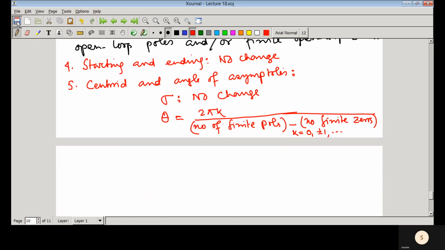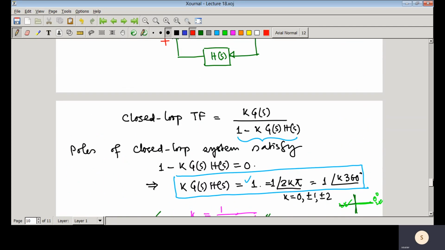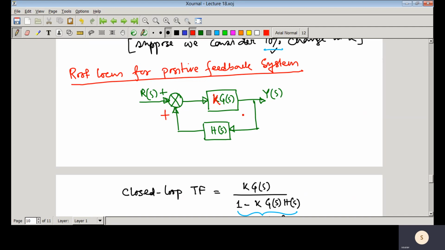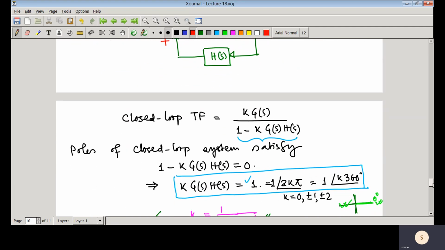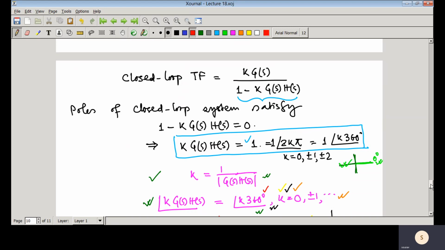So what we have seen, that means in place of negative feedback, if we consider positive feedback, what are the changes that we can see in the rules for sketching that root locus? That changes occur because of that angle condition, because in this case the characteristic equation would be 1 minus k g of s h of s equal to 0.